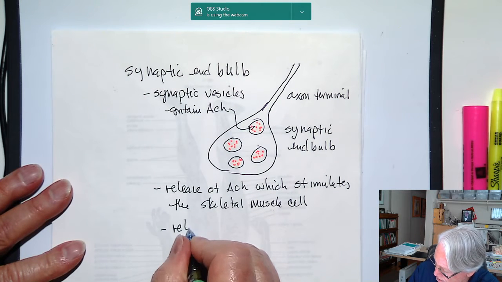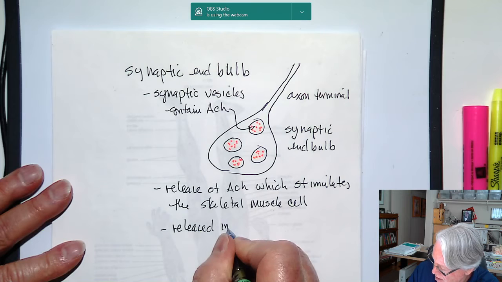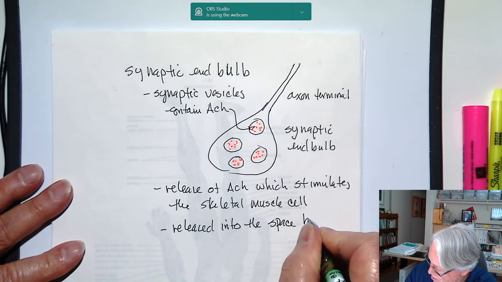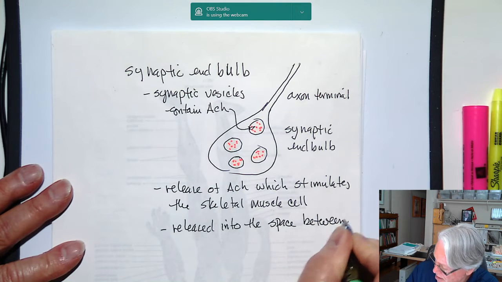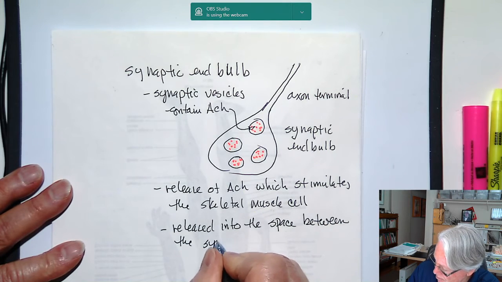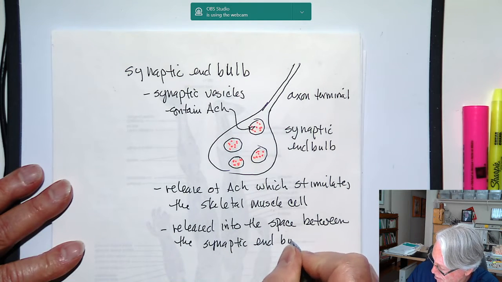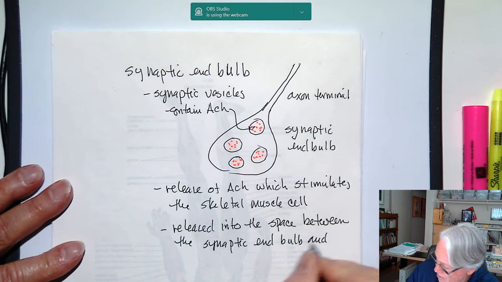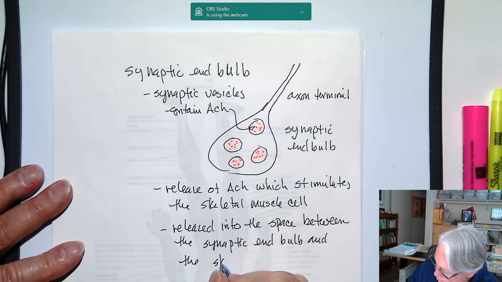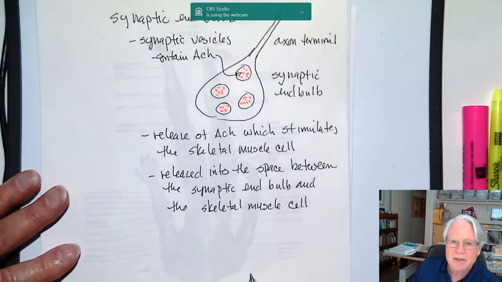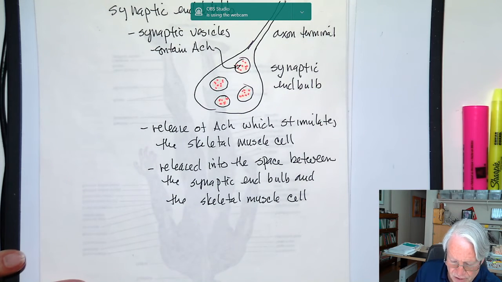So it's released into the space between the synaptic end bulb and the skeletal muscle cell. That space is referred to as the synaptic cleft.